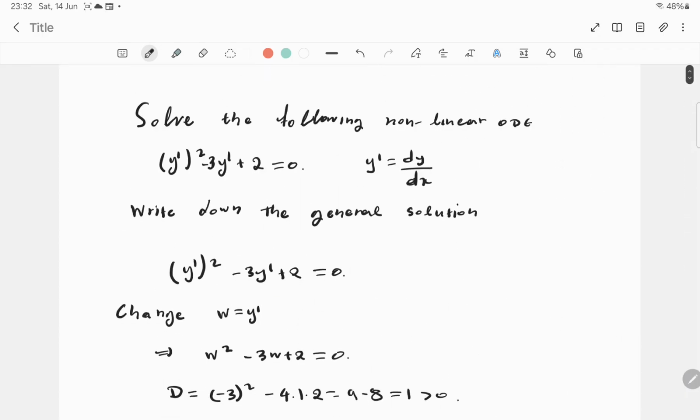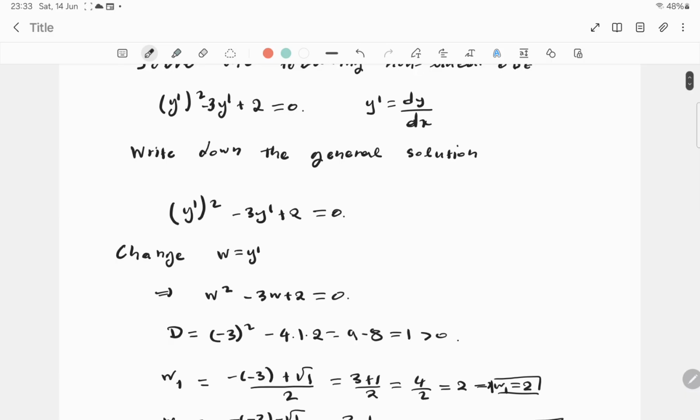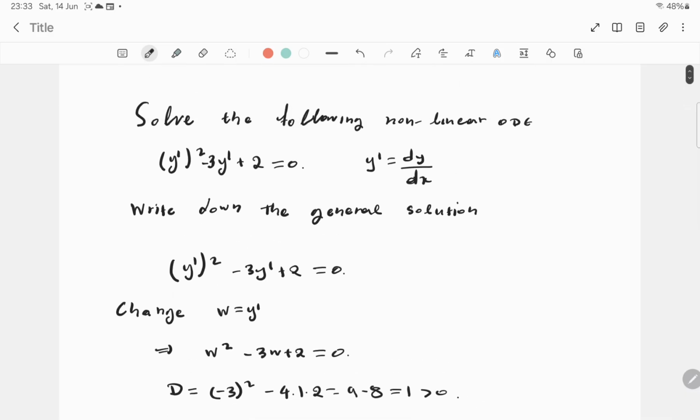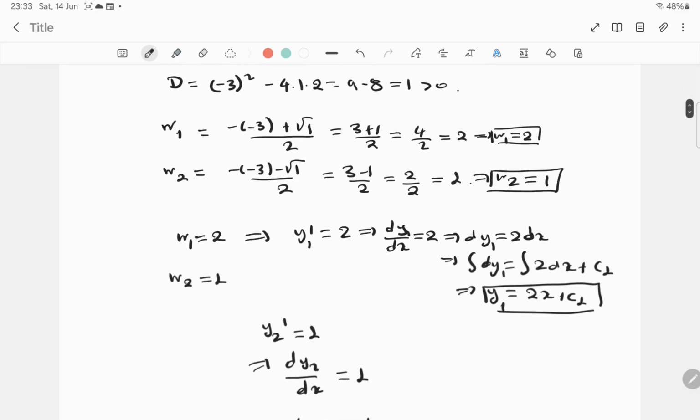We started with a non-linear ordinary differential equation, first order. We have the derivative of the function y. Basically what we do here is change the variable w equals y prime, and y prime is the derivative of a function with respect to x.